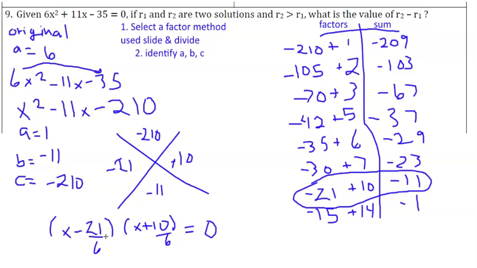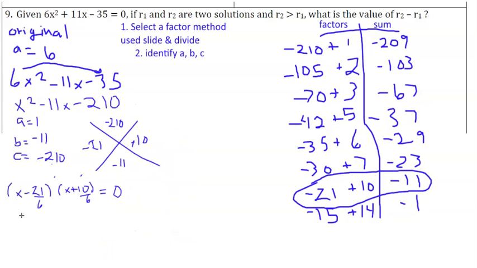Simplify the fractions as much as you can. So simplify the first one to get x minus 7 over 2. And the second one gives you x plus 5 over 3.